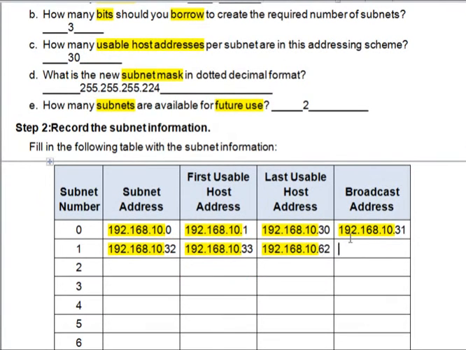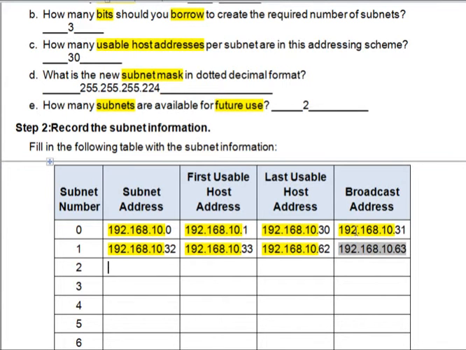Okay, and the broadcast address will be 192.168.10.63. So that is the addressing for subnet 1.